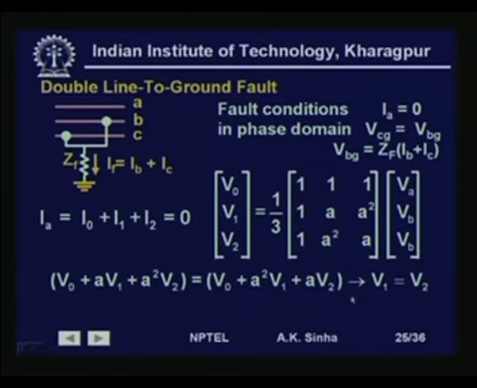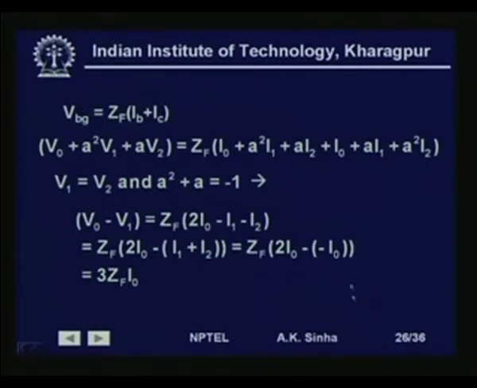Okay. So, Vb is equal to ZF into Ib plus Ic. So, again substituting the values. So, Vb we are writing plus ZF into Ib plus Ic, and then again taking help of V1 is equal to V2 and 1 plus A square plus A is equal to 0, or A square plus A is equal to minus 1.